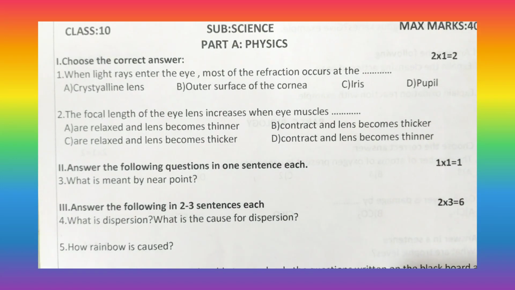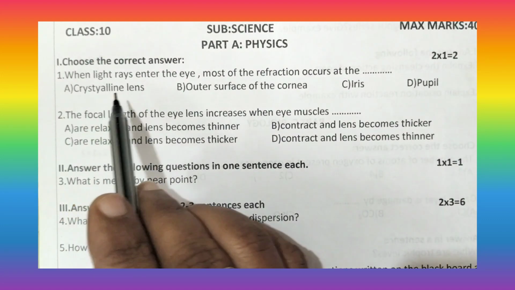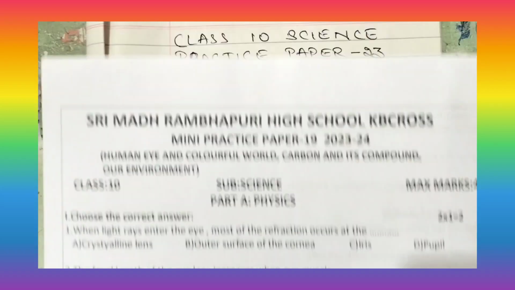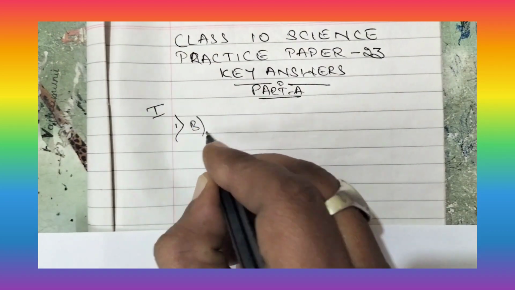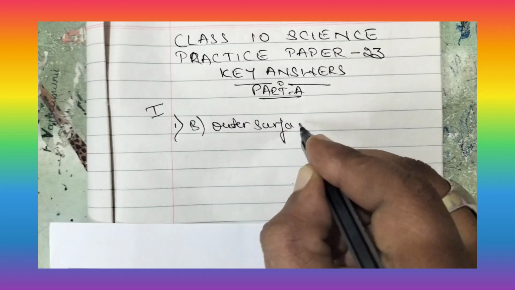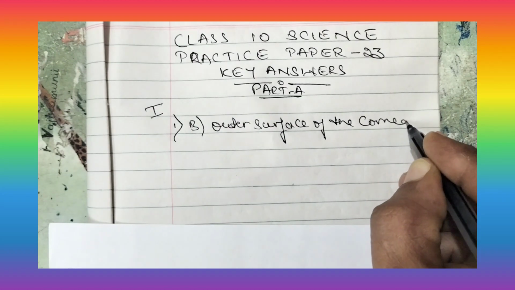Among these four options, the right option is B, outer surface of the cornea. So for the first question, the right answer is option B, that is outer surface of the cornea.